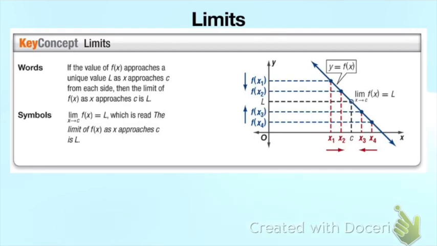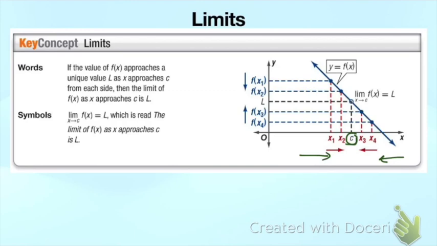The concept of a limit is that if you change the value of f of x as it approaches a unique value. If you're looking at your x-axis down here, we're coming into this c value on the x-axis. As we come in from the two sides, what is happening to my y values?